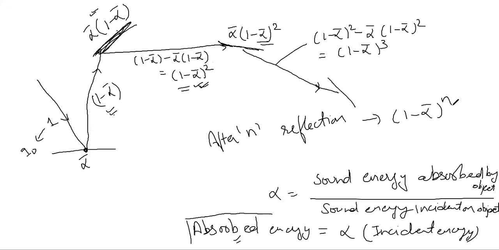Now, this was when your initial intensity was 1. If your initial intensity is I naught, then after n reflections, your intensity is going to be I naught multiplied by 1 minus alpha bar raised to power n. So this was the concept that we are going to use in the derivation of the Eyring formula.